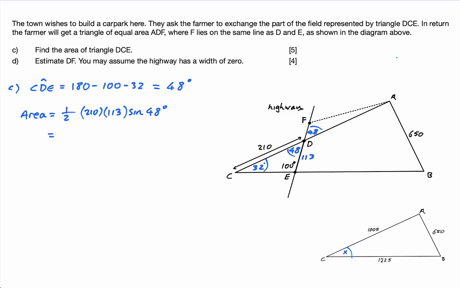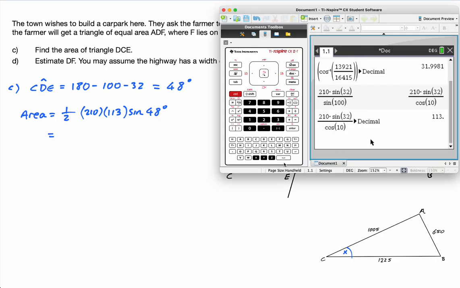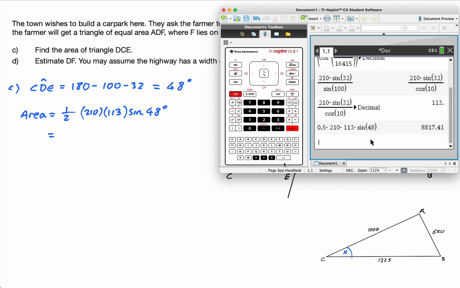Let's do this on the calculator. I'll just do 0.5 for half times 210 times 113 times sine, brackets, don't forget the brackets, 48. Calculator's in degrees.